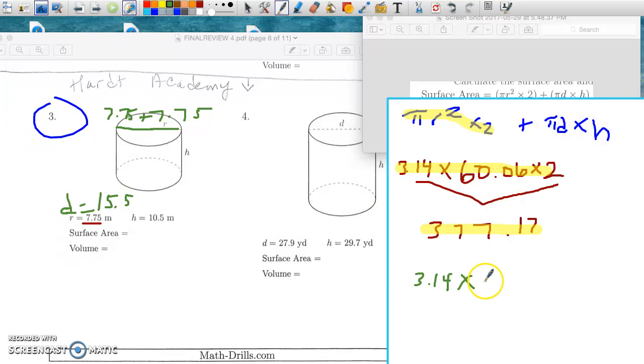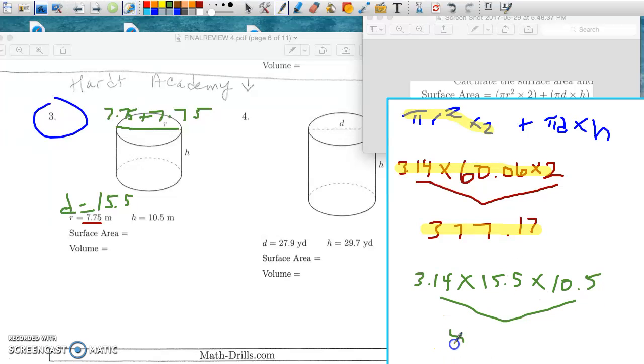Now I can go back to what I was doing. Pi times diameter, which is actually 15.5, times the height. The height being 10.5. I want to multiply all that together. 3.14 times 15.5 times 10.5.